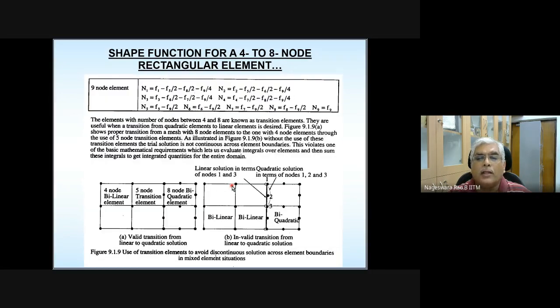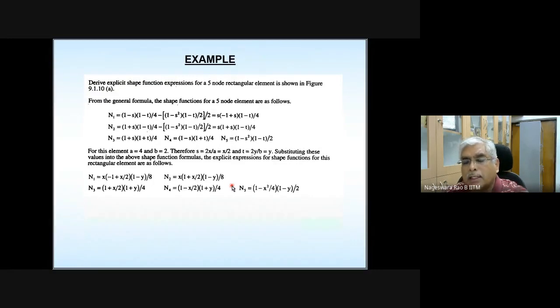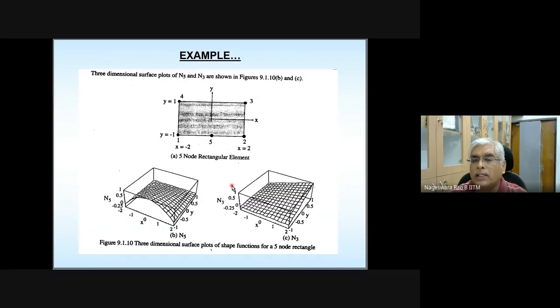Now here an example is there. Derive the explicit shape function expression for the 5 node rectangular element shown in the figure. This is the finite element for which you need to derive the shape functions. Whatever logic that I explained, you can make use of that.